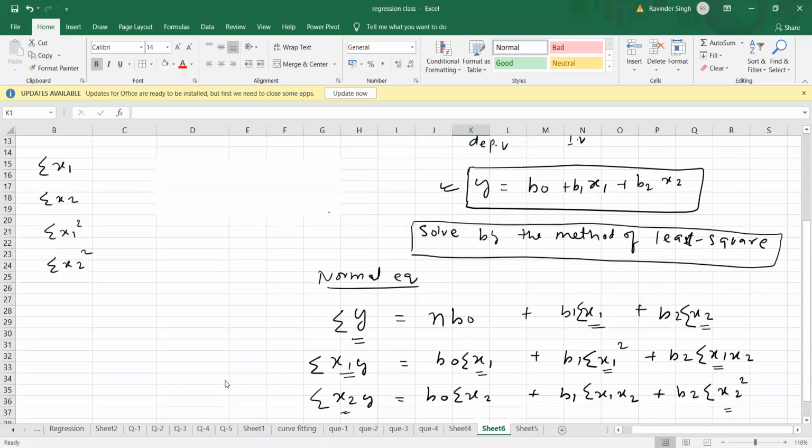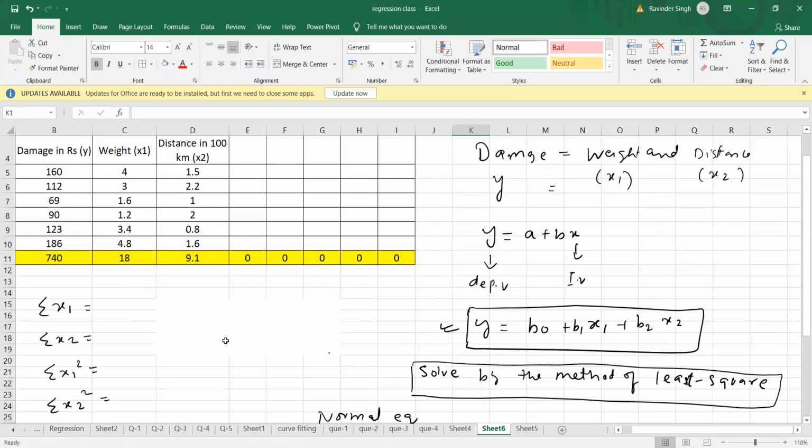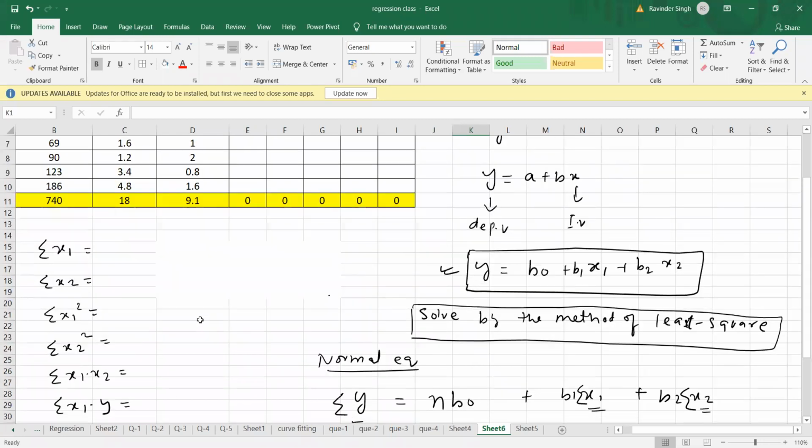Then I need summation of x1 into x2, summation of x1 into y, and summation of x2 into y. This set of data I need to find. Summation of x1 and x2 we already have, given in the data itself. This is 18 and this will be 9.1.